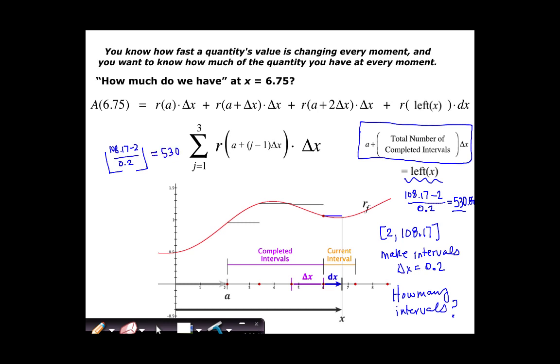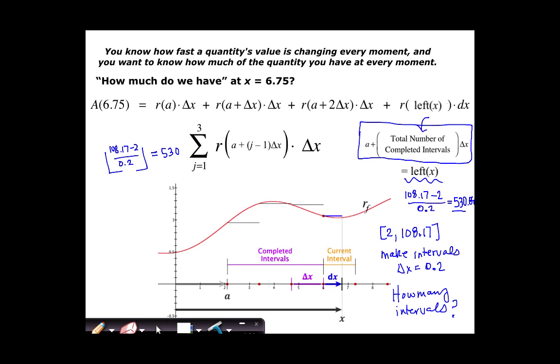And so what that tells me is that 530 is the whole number part of that division problem, or 530 complete intervals in the context of this problem. So that floor function rounds numbers down that are in between whole numbers, or integers, I should say.